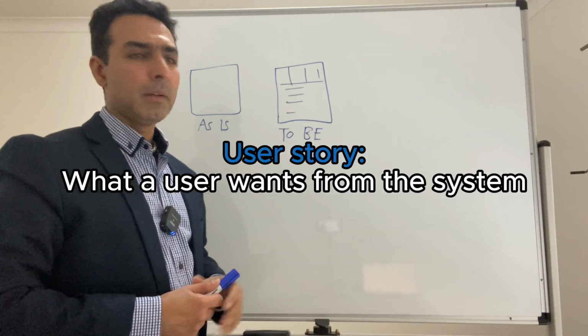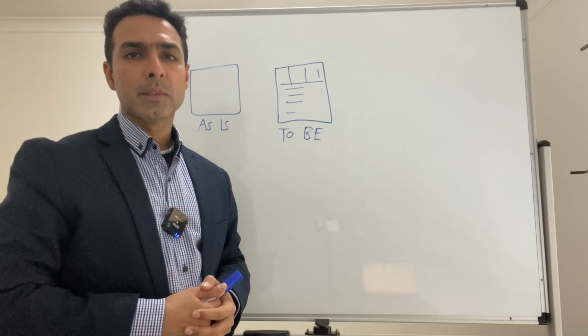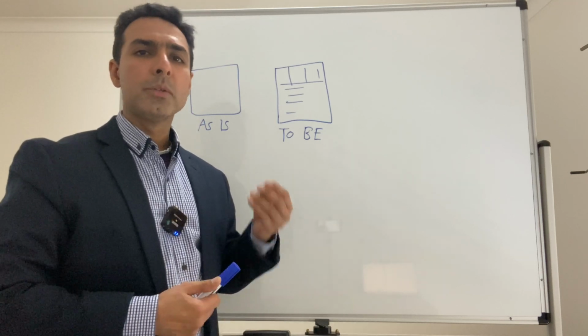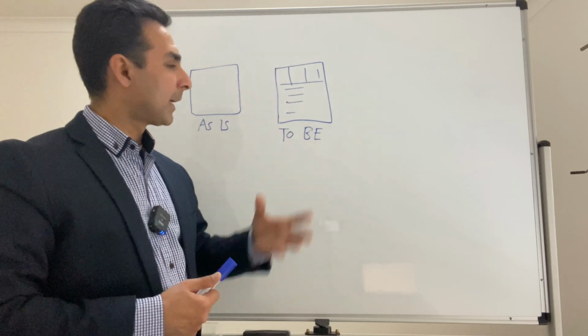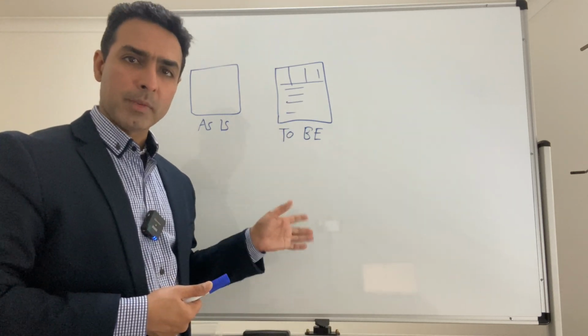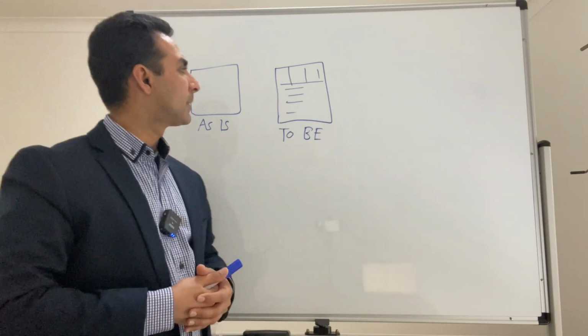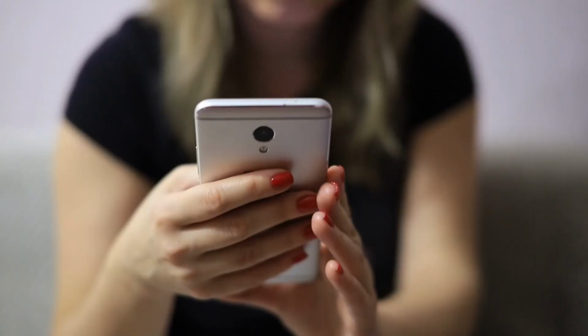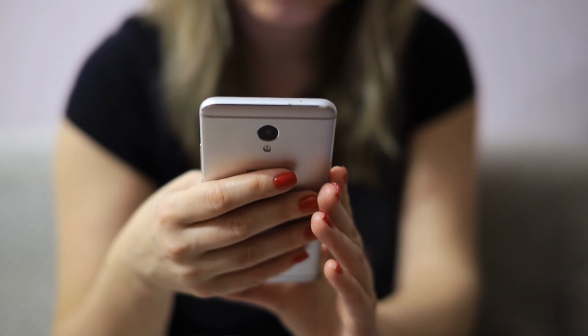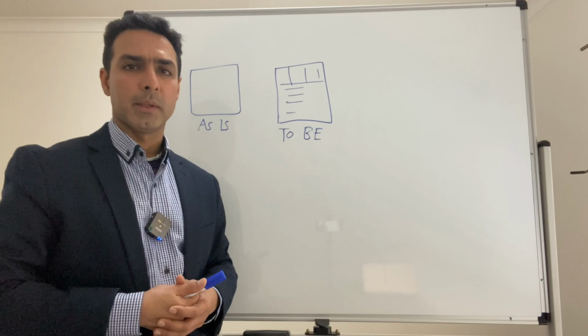In our example of this internet banking system, a typical user story would be what a user wants from this internet banking system. So in an agile environment, instead of writing functional requirements, you would write user stories. A typical user would like to access the internet banking system to check their account balance or make some payments to someone.